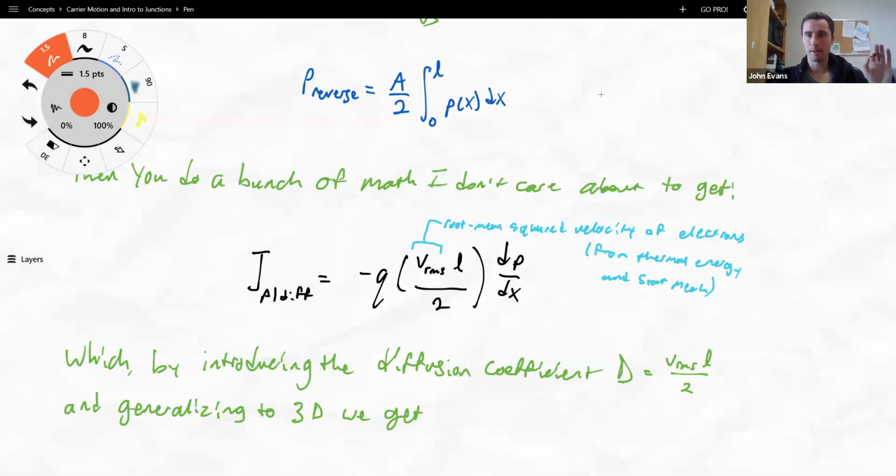So then we're going to simplify this even more. We are going to combine all of these things, because we can say that for a given temperature, that's a constant.